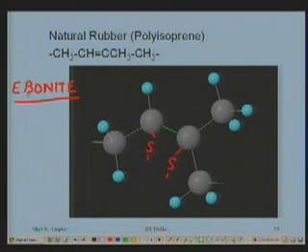A few thousand will be a very soft rubber. A rubber band, you want it to be soft, so there will be less cross linking. An eraser is a little harder, right? The tire of a truck or an aircraft, you want it to be hard. But the tube inside, you don't want that to be so hard. It's soft. So you have done more cross linking, more vulcanization for the tire and less for the tube. That's what you have done, and that's what it is.